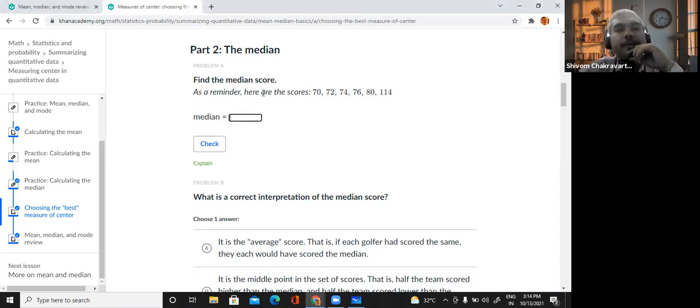This is question part 2. What will be the median of this data? Mean we found out to be 81. What is the median?